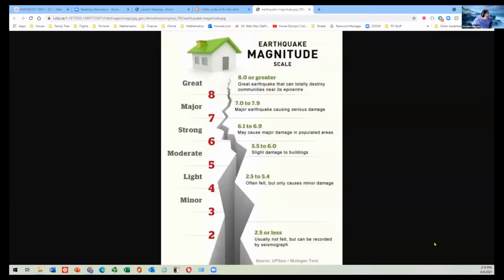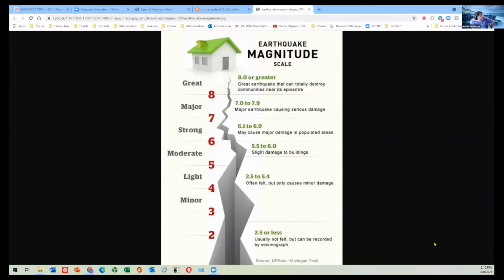Okay, I'll zoom out and in, and hopefully you'll get to see this. This is a nice little graphic to show you what a Richter scale looks like in layman's terms. The one that you were wanting doesn't even qualify on this picture.